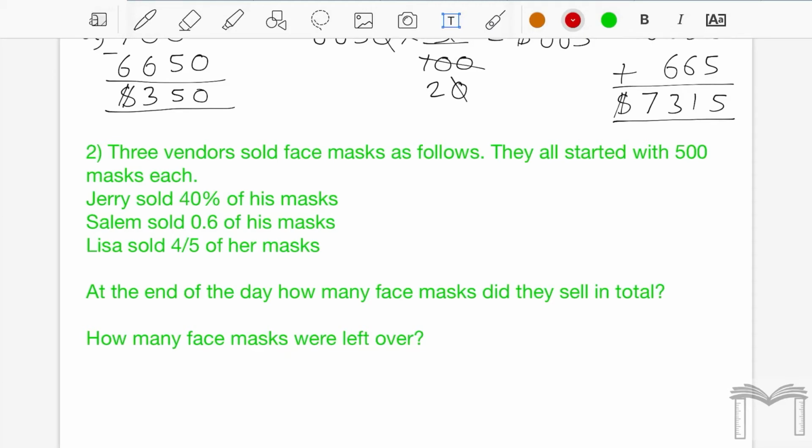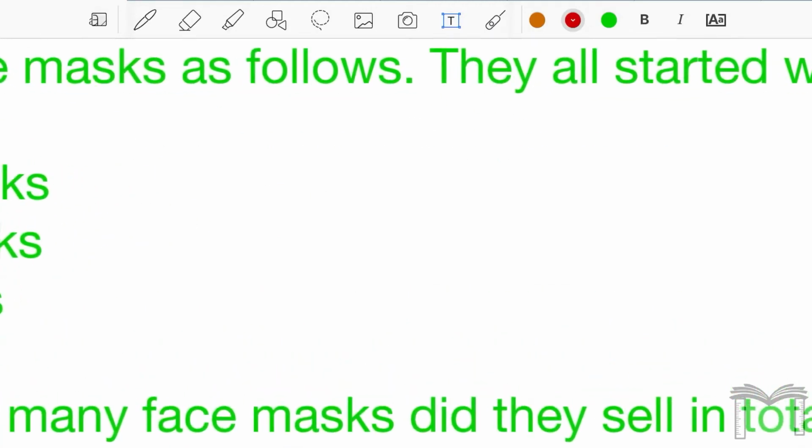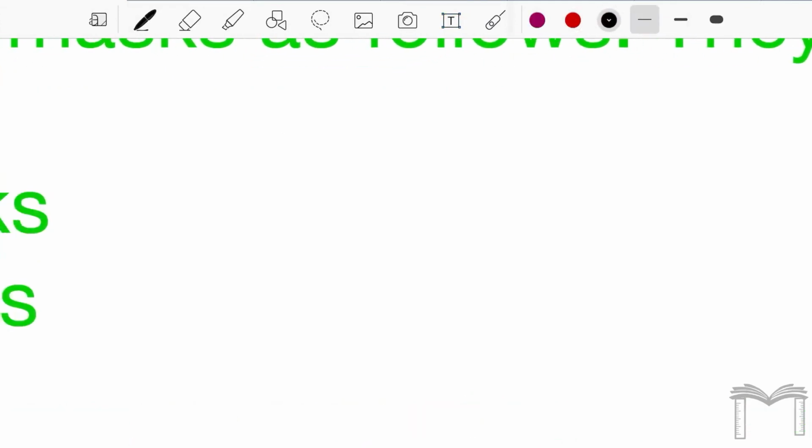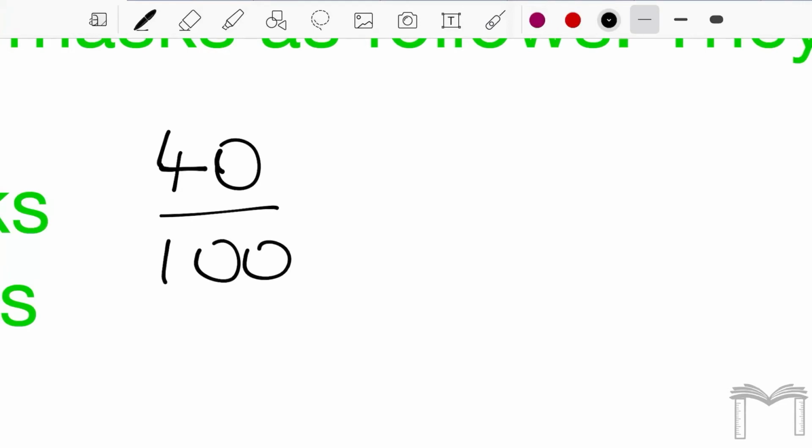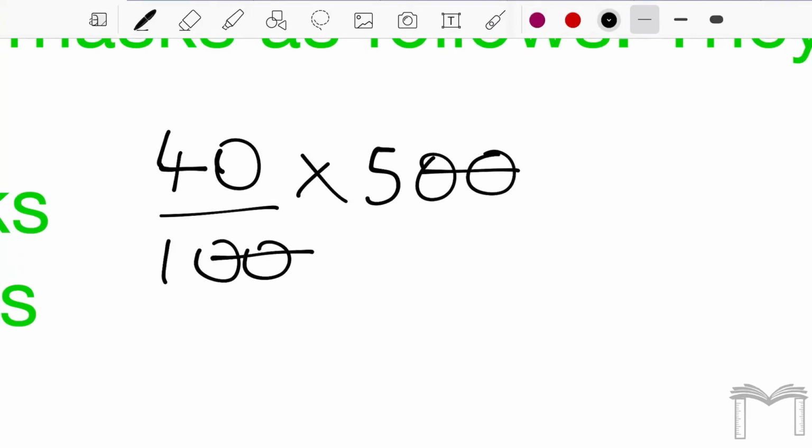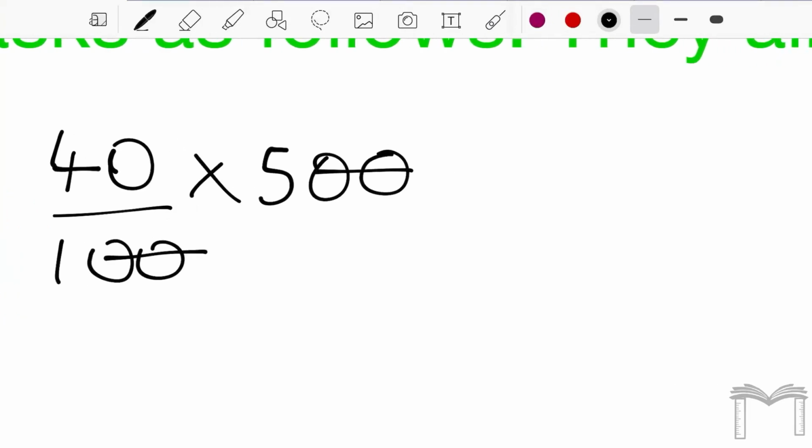So let us firstly find 40% of 500. Four fives are 20. So that's 20. And we put a 0 back. So that's 200.